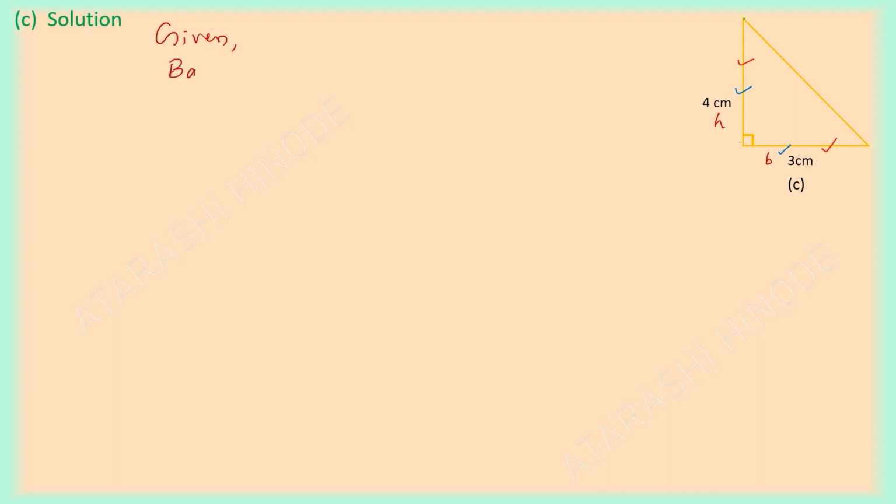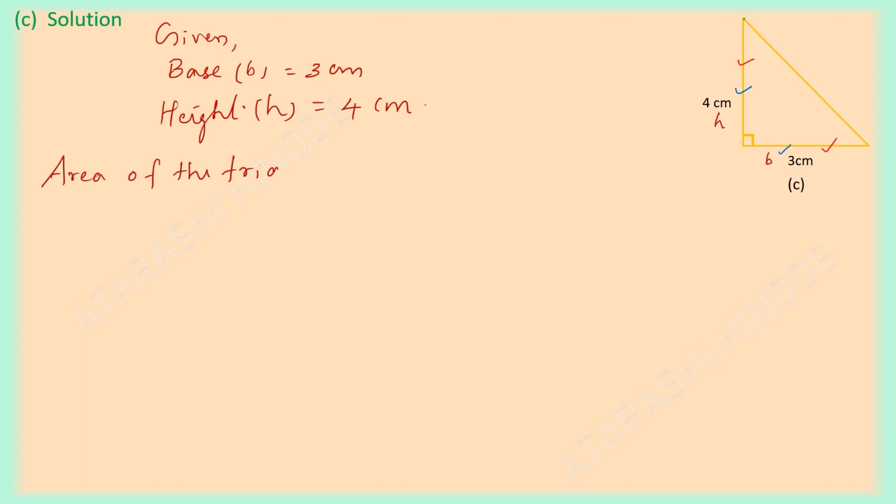So here base equal to 3 centimeter and height equal to 4 centimeter. Therefore, area of this triangle equal to base into height divided by 2.